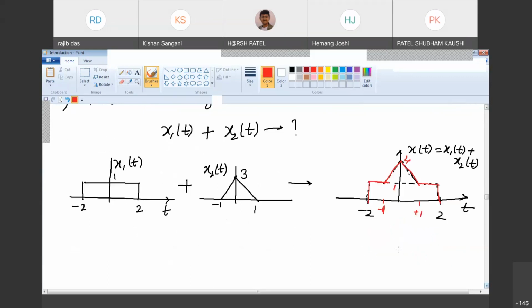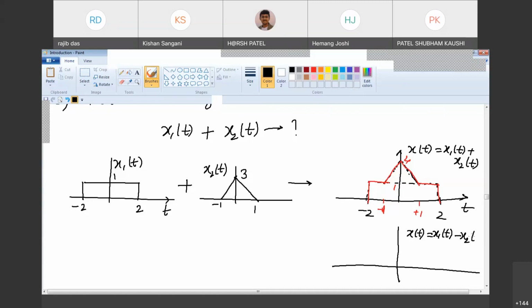Similarly, subtraction is also simple. Addition does not always mean adding; we can also subtract. Suppose I want to get x(t), which is x1(t) minus x2(t). Can you draw it? We can flip x2(t) with respect to y equal to 0. Good.